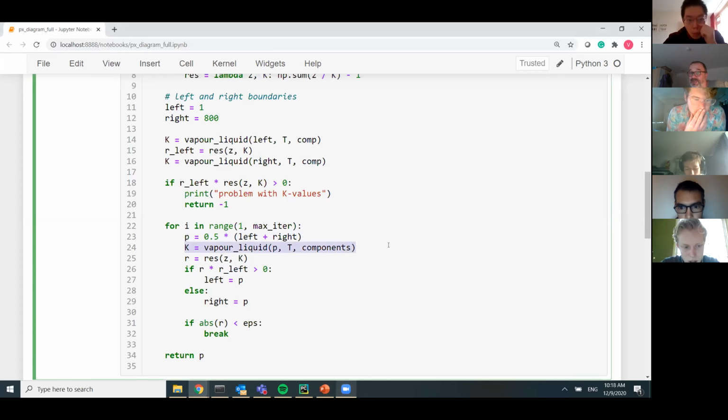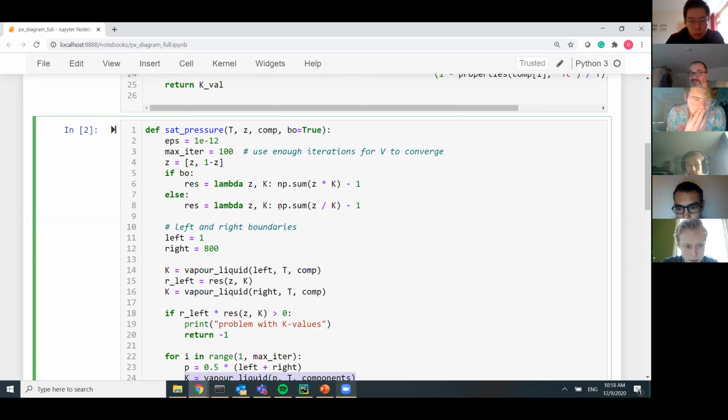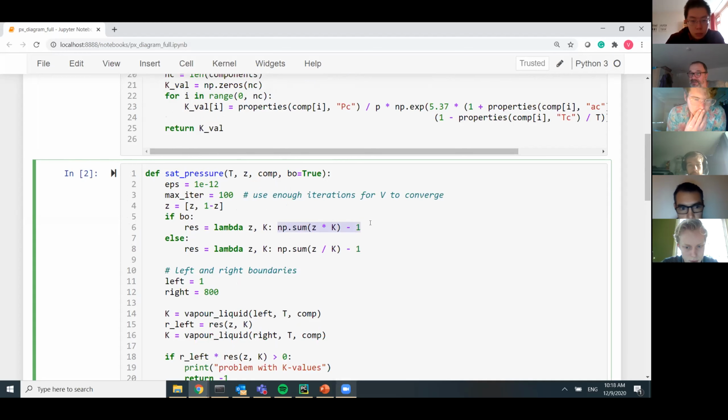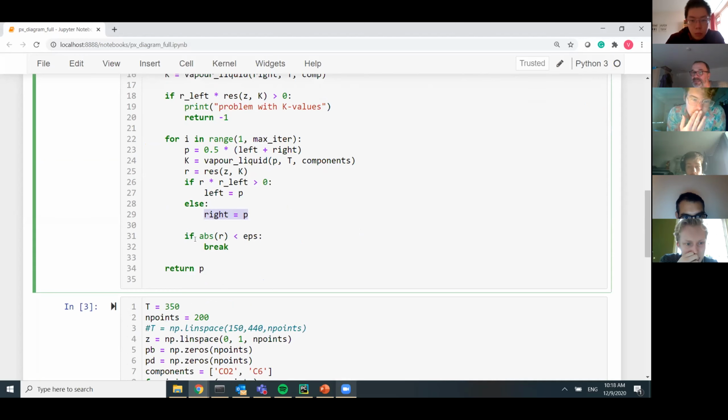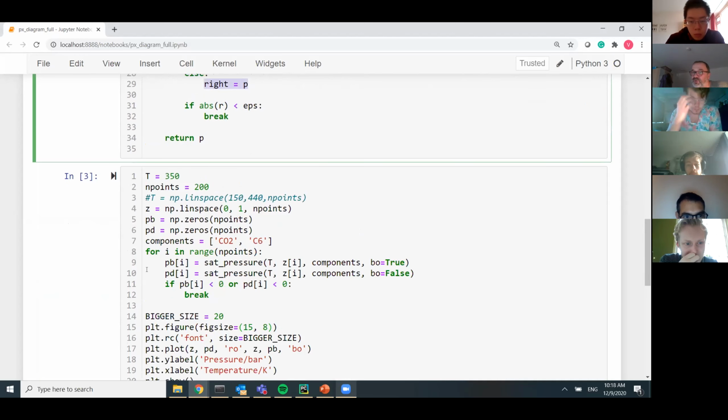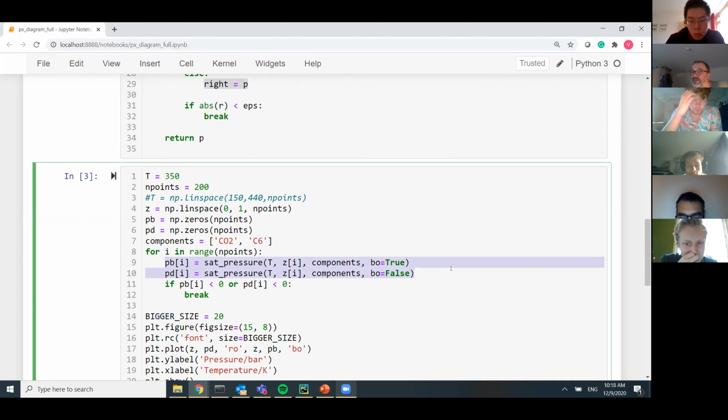You need to evaluate k-value, but k-value doesn't give you residual. Residual is actually this guy. So then you need to call residual, check if it has the same sign as the left, then you're moving left. If it has a different sign, you're moving right, and then you break. And then you call this guy in the loop.